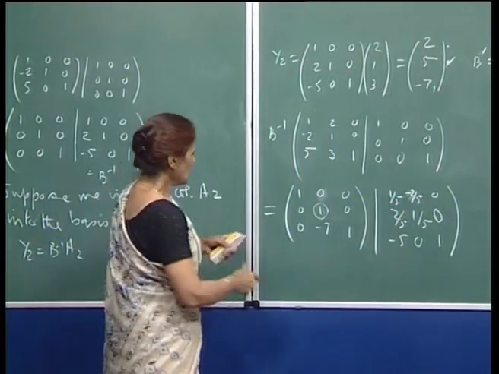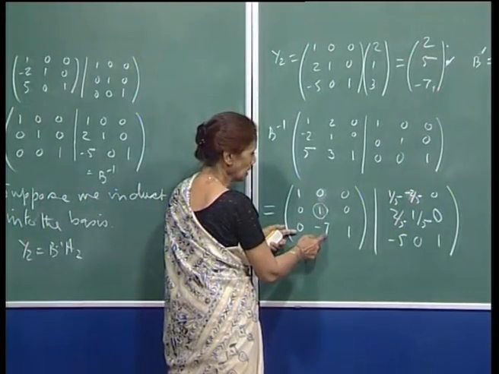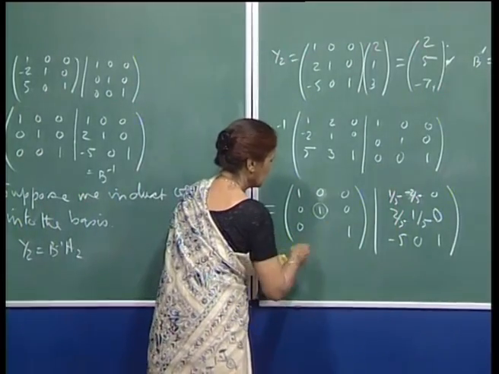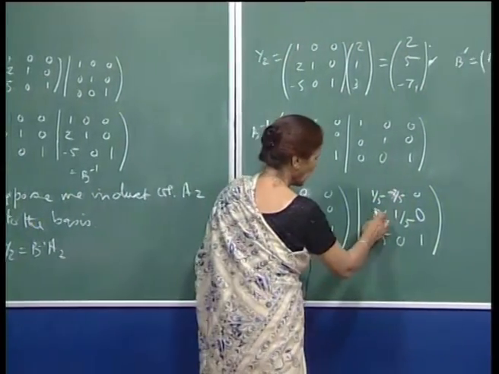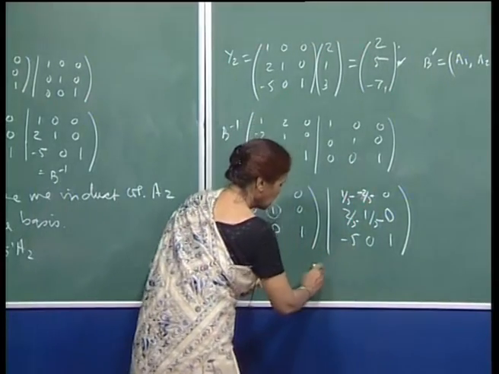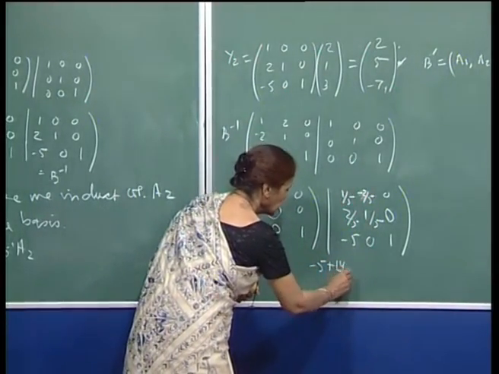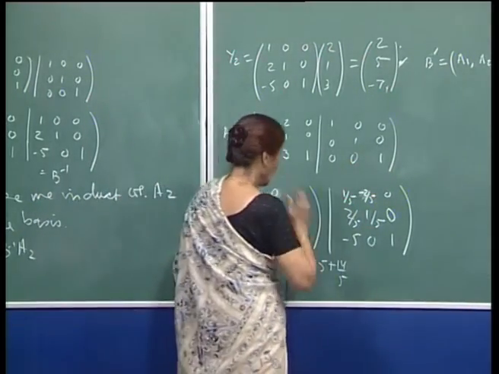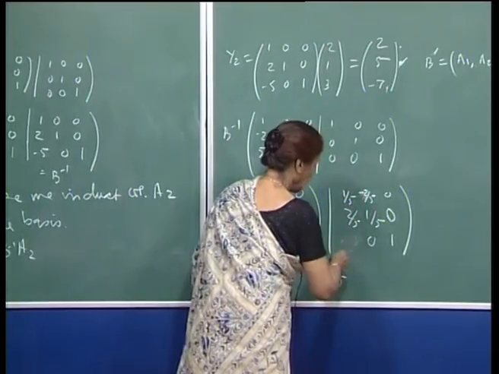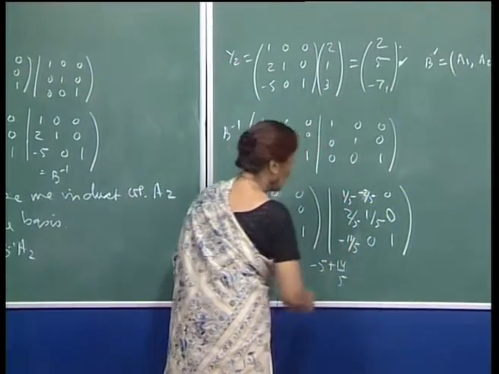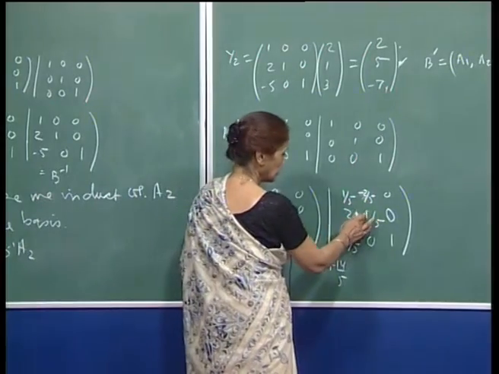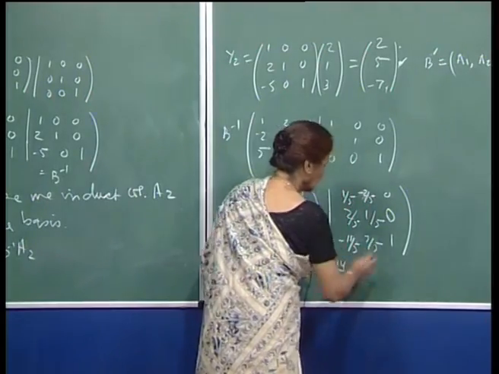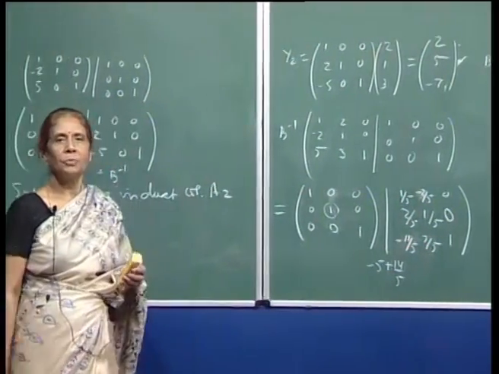Then 7 times this row I have to add here, so this will become 0, and 7 times I am adding here. So, this is minus 5 plus 14 by 5, which is minus 25 plus 14, so that will be minus 11 by 5. 7 times this you are adding, so that becomes 7 by 5, and that is it. So, I have my new basis inverse.